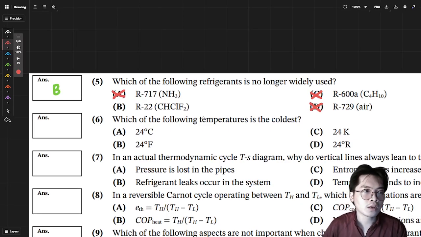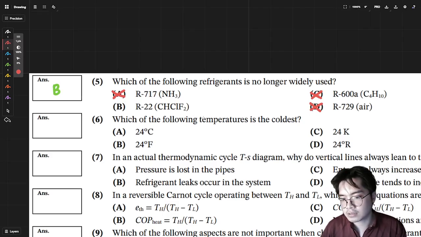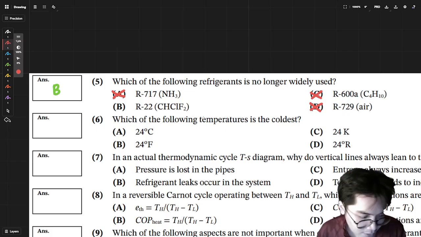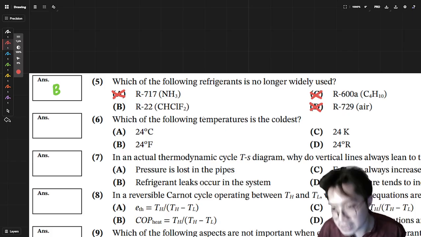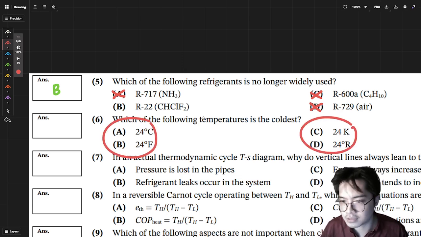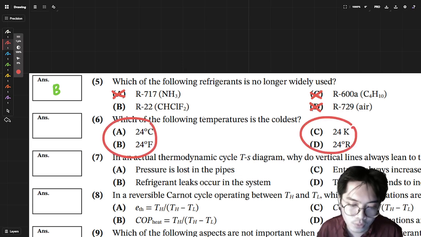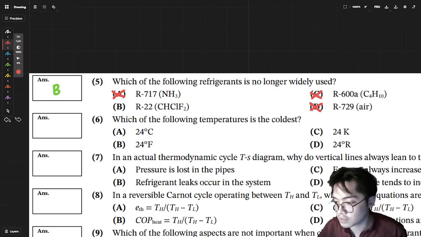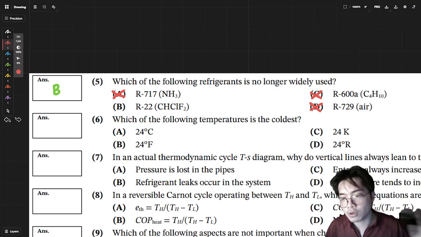Okay. Now, number 6. The thing about this is that you guys have an unfair advantage because you have calculators. Number 6 should be very easy, so long as you know the difference between letters A and B and letters C and D. Letters A and B, of course, are the degrees Celsius and degrees Fahrenheit scales. Yes, we know them.